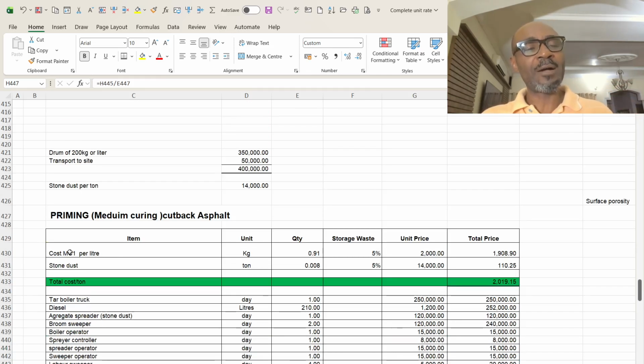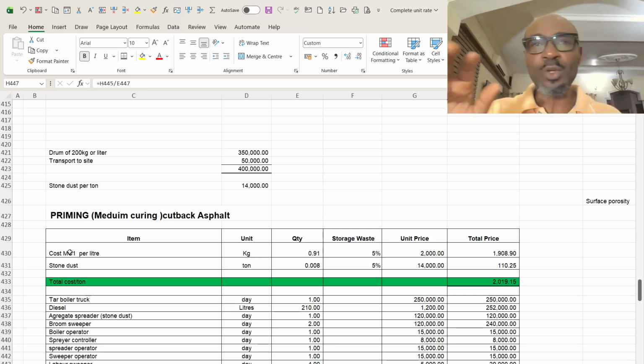So now, the average kilogram of MC1 that is used, that is expected to cover 1 square meter, is between 0.9 kg to 1.2, considering all gaps on the surface, where it will consume, waste and all of that.